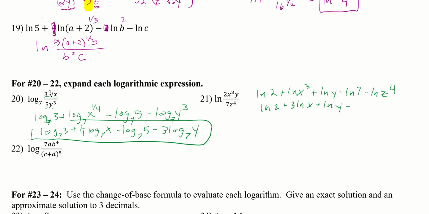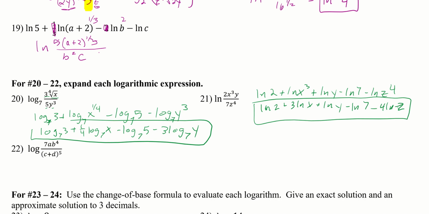Plus ln y minus ln 7, bring this power down, so minus 4 ln z. Now again, be careful, if possible, you want to simplify. So one thing that's possible is if you have an ln e or something like that.